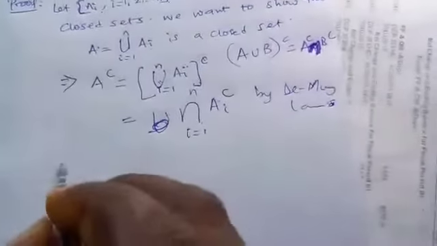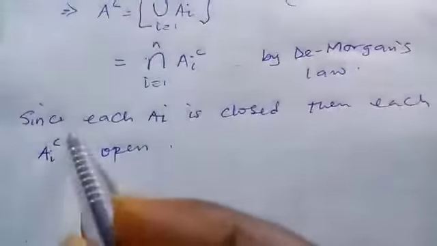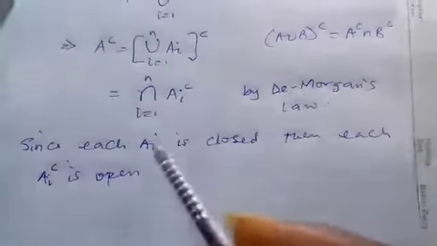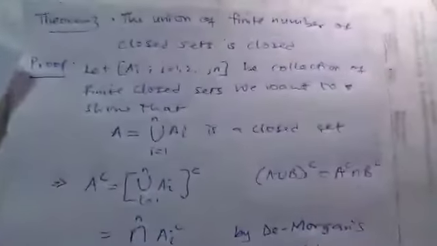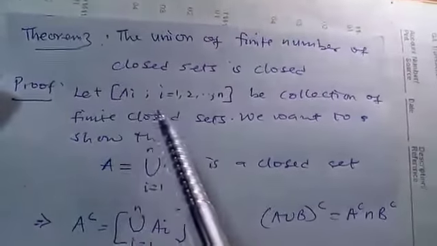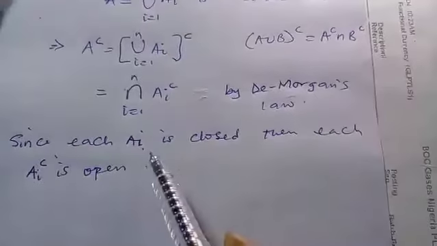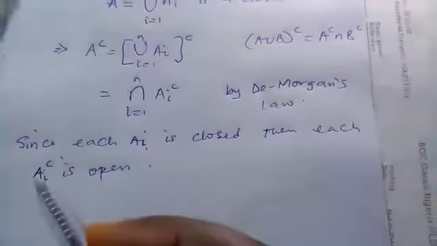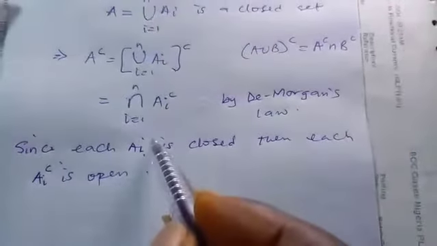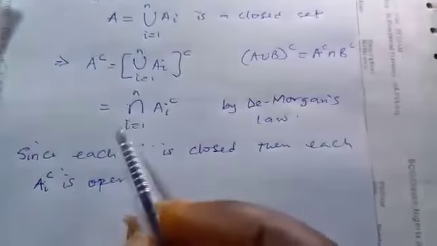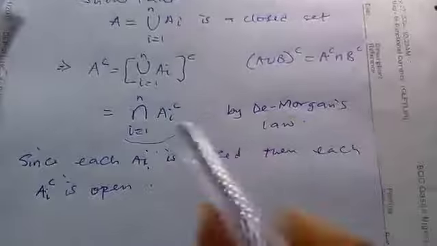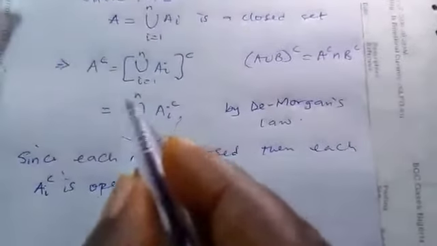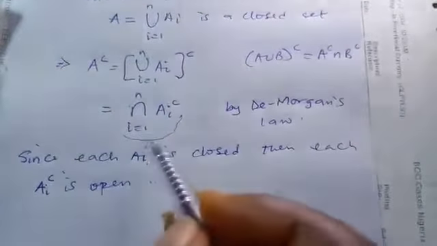Now since each A_i is closed, as we have said, then by our theorem 1, if you take the complement of each of these, each will be open. And by our theorem on open sets, the intersection of a finite number of open sets is open.